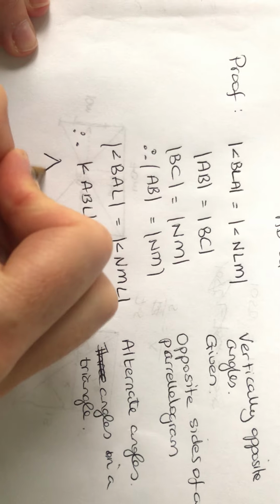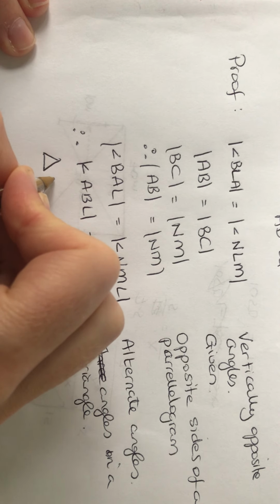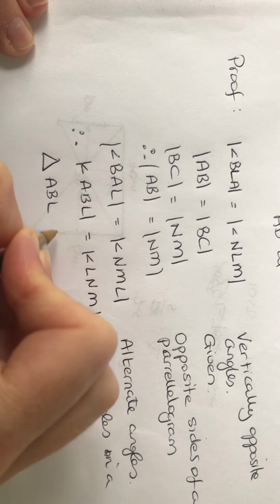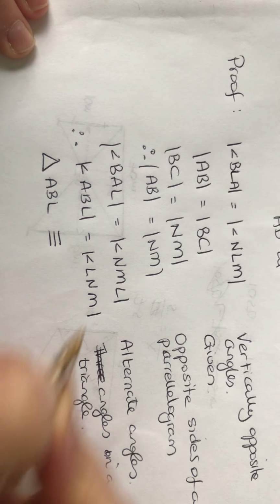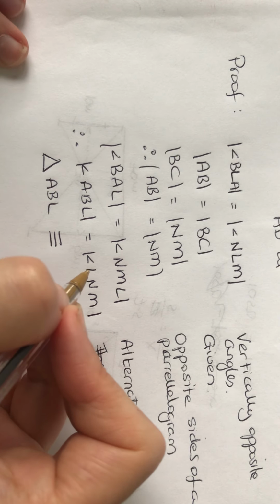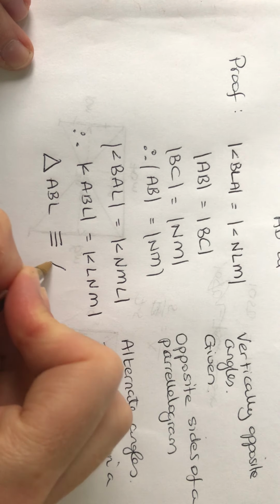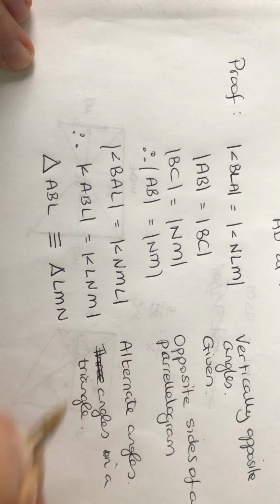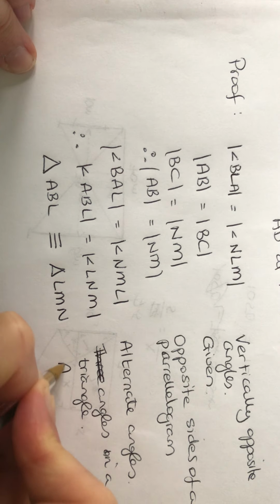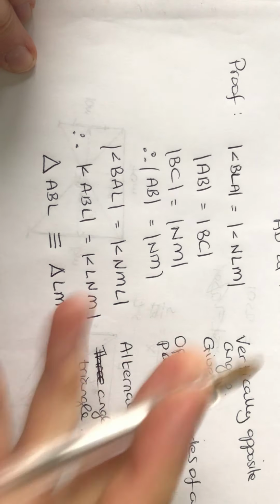So now we know that the triangle ABL is congruent, that's your mathematical symbol for congruency, to LMN, and that's by angle, side, angle. So we've just shown that.